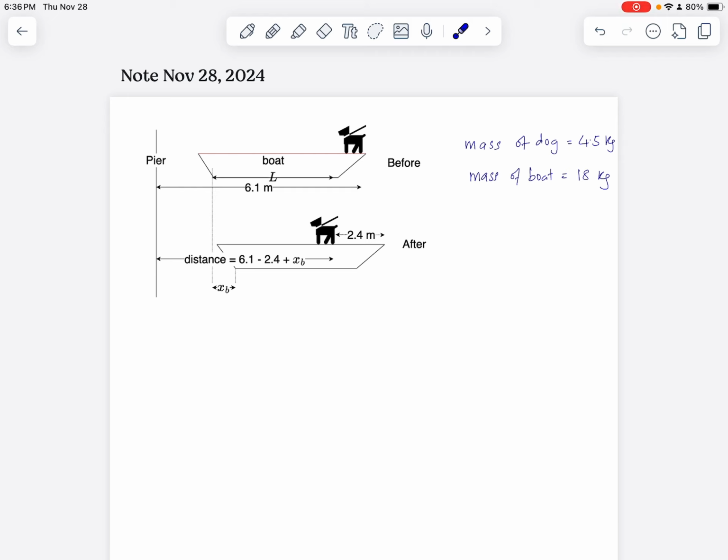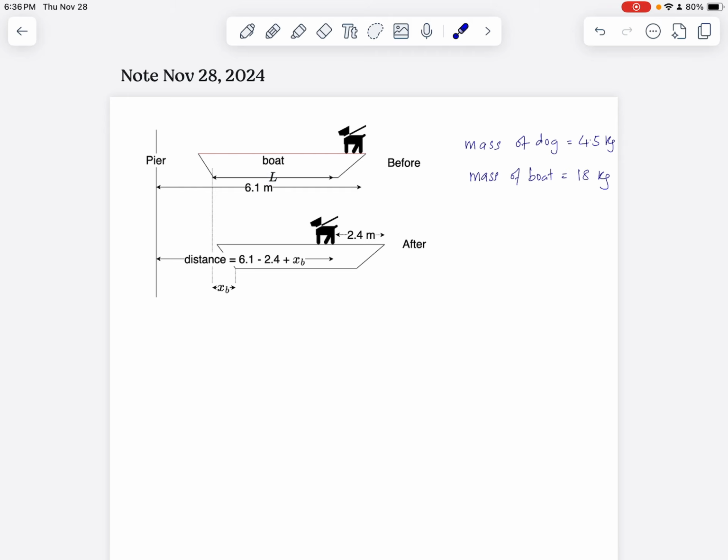We want to know, after it has walked a distance of 2.4 meters, what is the distance of the dog from the pier. The initial distance is 6.1 meters, and if the dog walks by 2.4 meters, we would be tempted to think that the new distance is 6.1 minus 2.4.